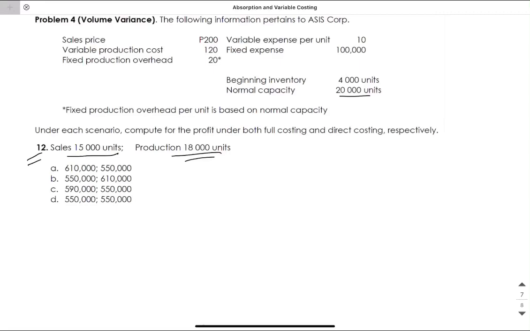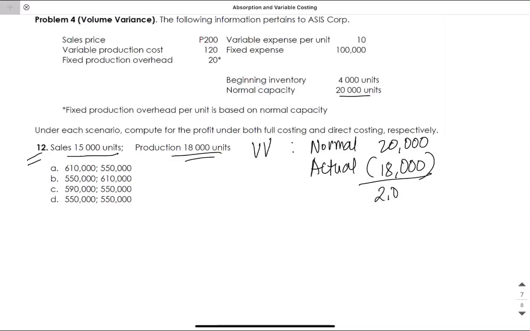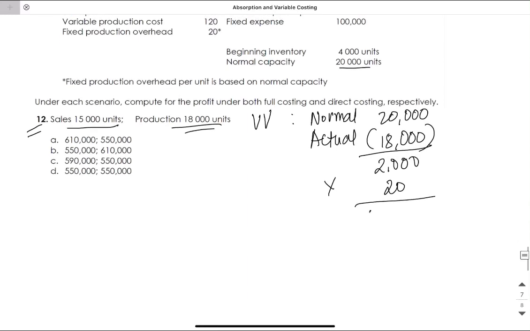So let's compute first the volume variance. Again, normal capacity less actual production: 20,000 less 18,000, so we have 2,000 multiplied by the fixed overhead rate, which is 20. So we have 40,000.